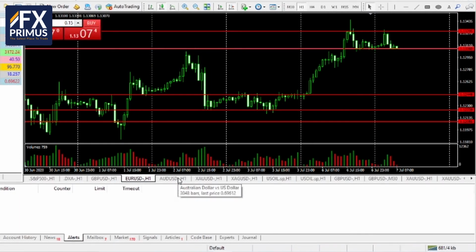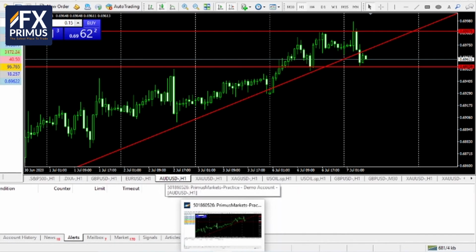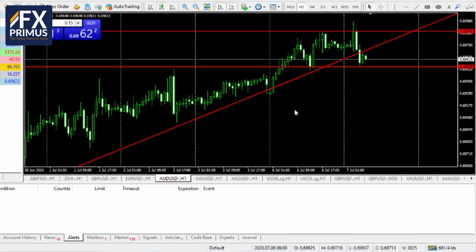As mentioned just now in the earlier news updates, at 12:30 p.m. today, in just about 15 minutes time, we will be having the Royal Bank of Australia cash statement and also the rate statement.